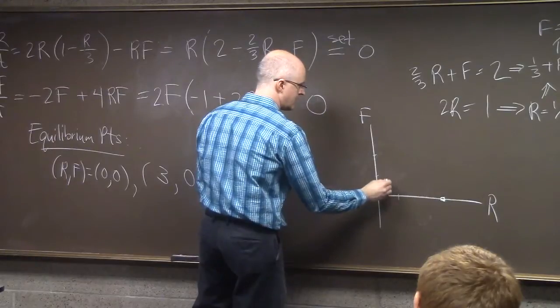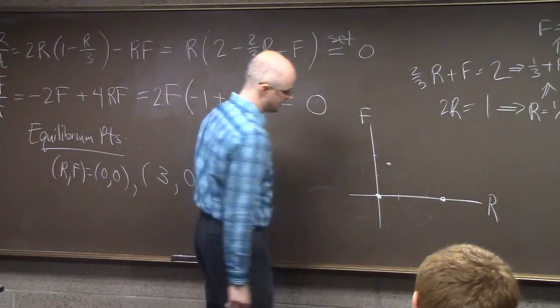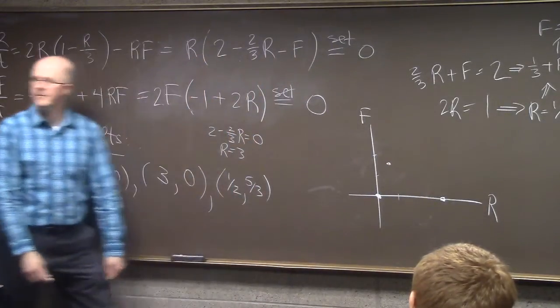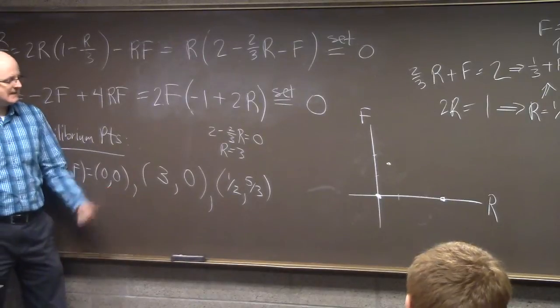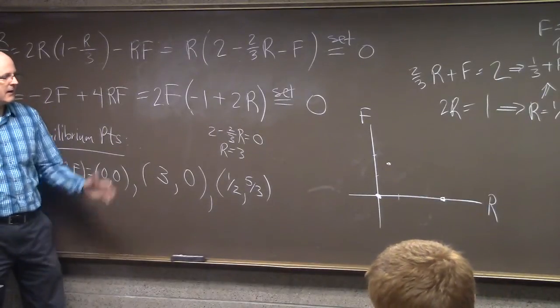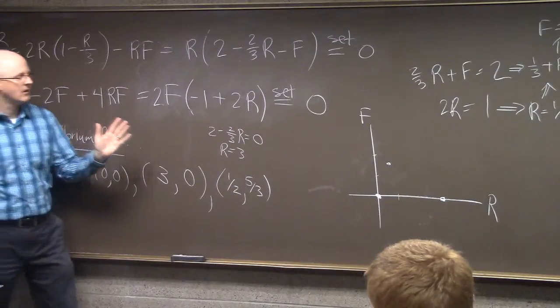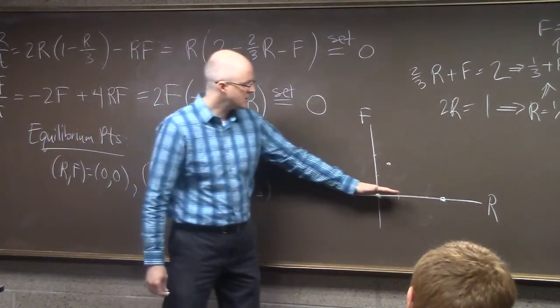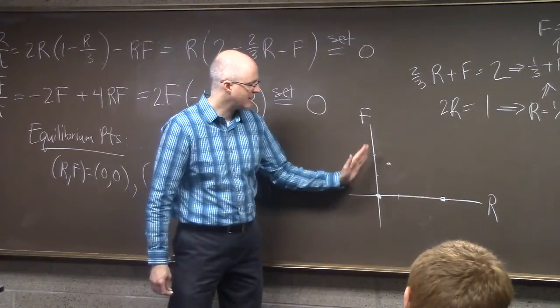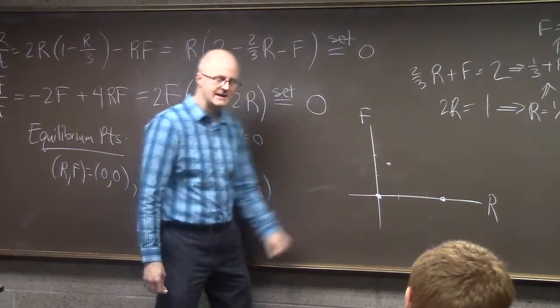Maybe right about here. And the next easiest thing to do is to think about what happens on each axis individually. What happens to the rabbit population in the absence of the foxes? What if f is 0 so that you're on the r-axis?